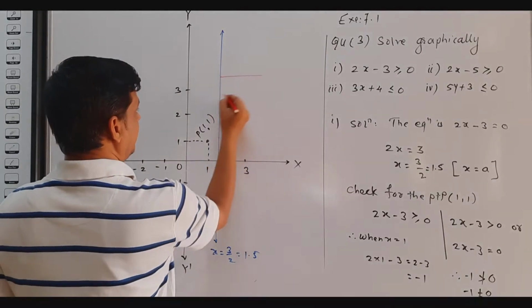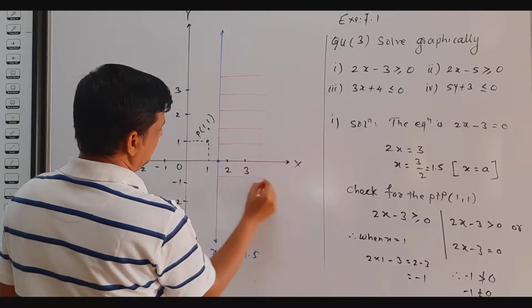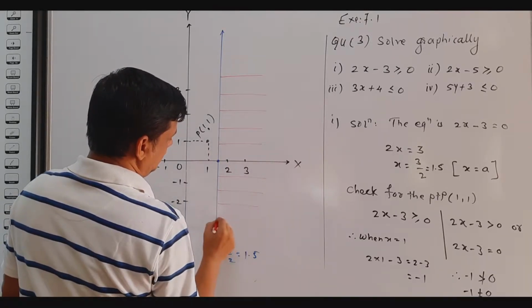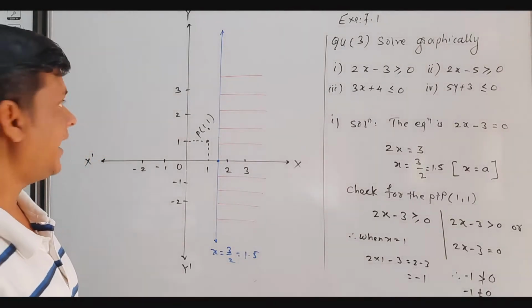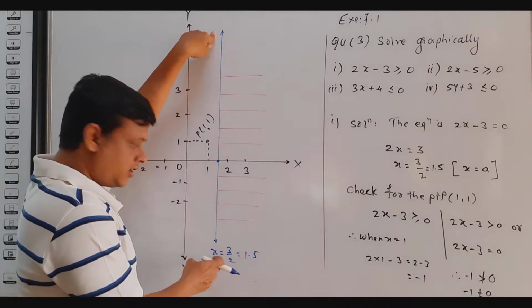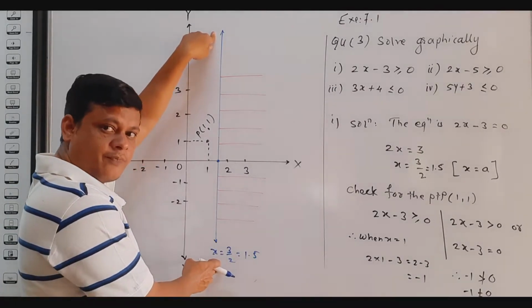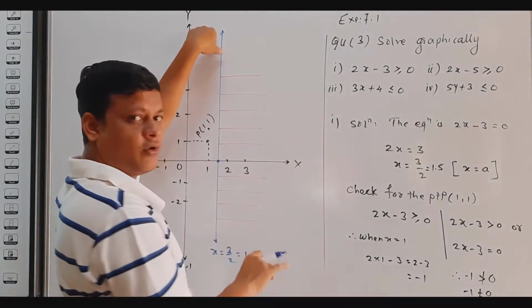So the solution set is this. From this shaded region we conclude that the solution is the line x is equal to 3 by 2 and the region right of it.